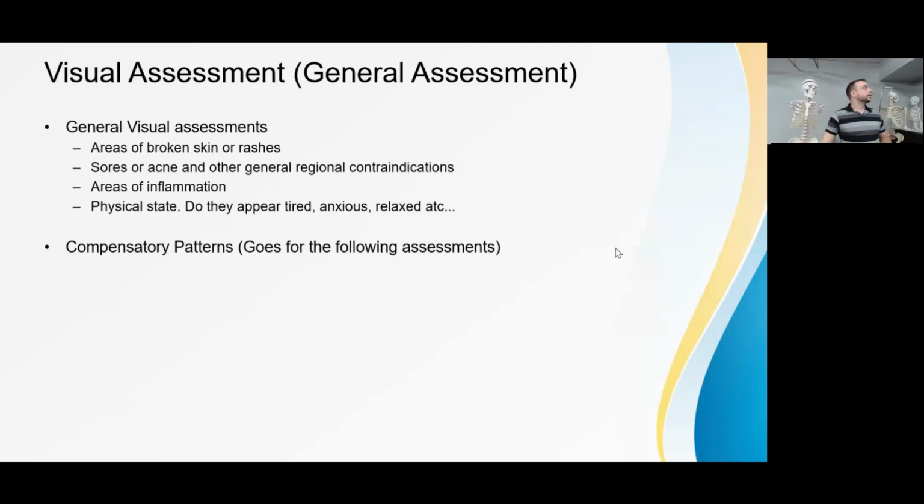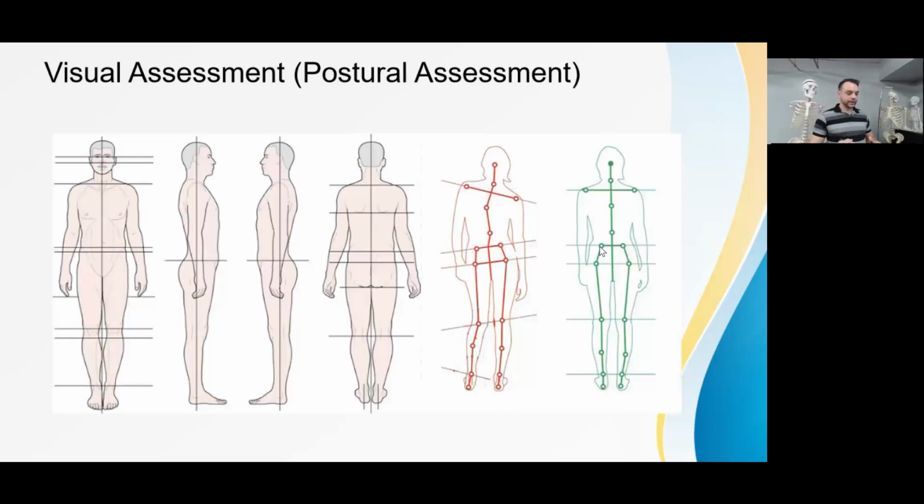So let's take a look at some of these various assessments, namely, first off, postural assessment. Right here, you can just screenshot that picture, or you can just Google it, whatever. This is what we call a visual analysis or static postural assessment that we can perform with our clients.